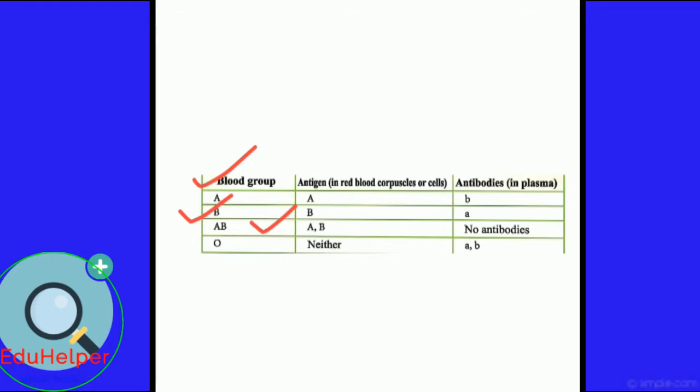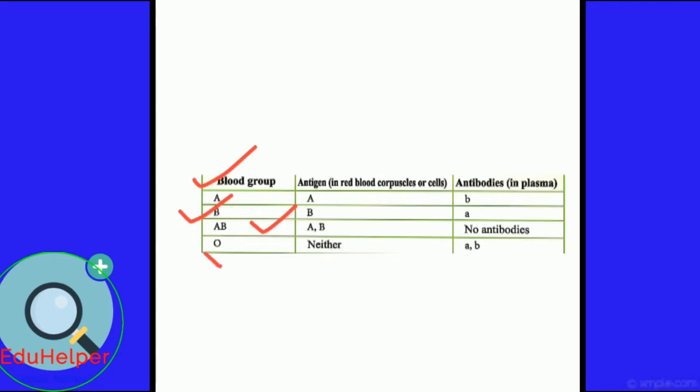Next, AB: the red blood cells have both A and B antigens, but the plasma doesn't contain any anti-A or anti-B antibodies. Individuals with type AB can receive any ABO blood type.